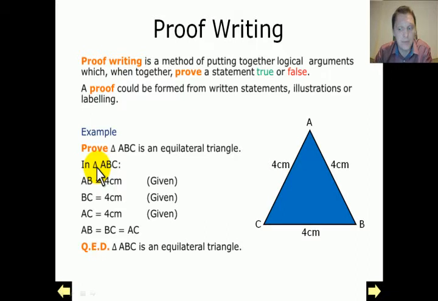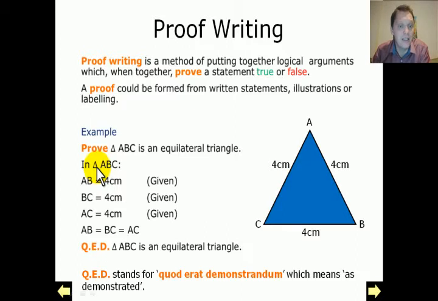What I'm actually doing here with QED is writing out the statement which I've been asked to prove by using the term QED. Now QED actually stands for Quod Erat Demonstrandum. Can't say it to save my life, but it literally means as demonstrated, as shown, as proven.